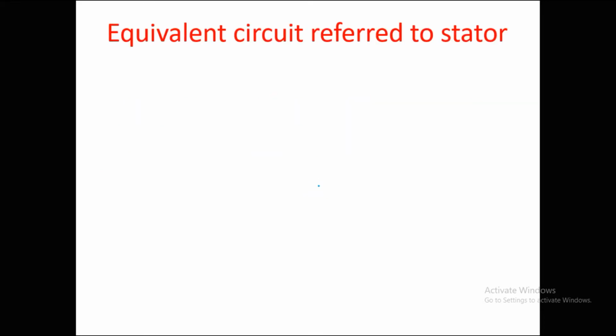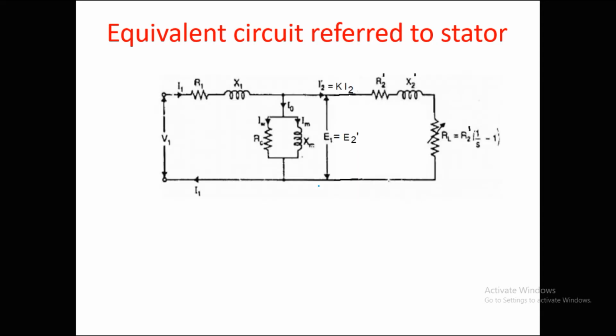So now we'll start this video with the equivalent circuit of a three-phase induction motor referred to stator. This is the exact equivalent circuit that we have seen in the previous video. Our work here is to find the number of branch parameters available in this circuit. Totally we have series and shunt branch parameters.